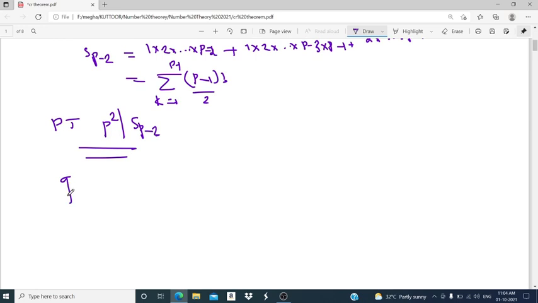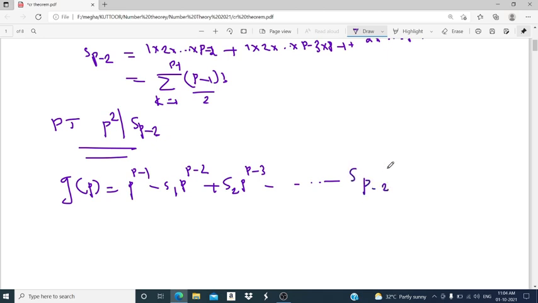Therefore, we will get g of p is nothing but p to the power p minus 1, minus s1 p to the power p minus 2, plus s2 p to the power p minus 3, minus etc., minus s_{p-2} times p, plus s_{p-1}.